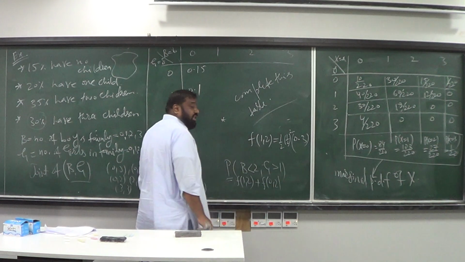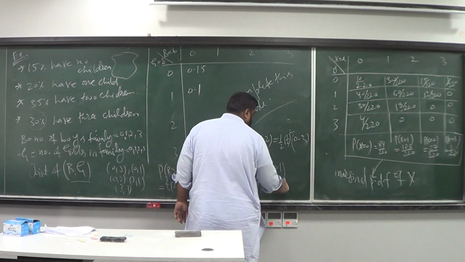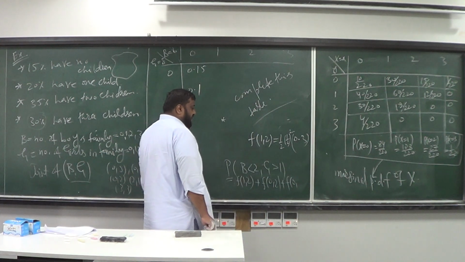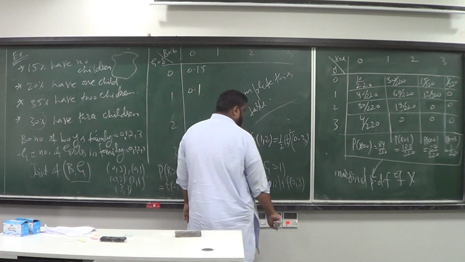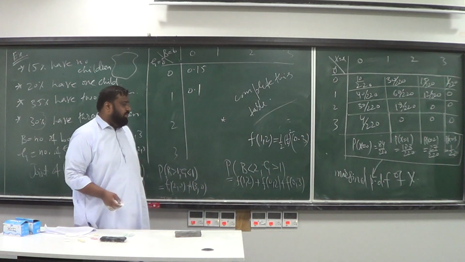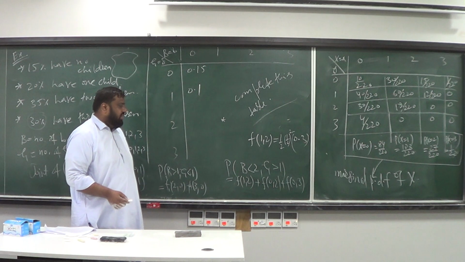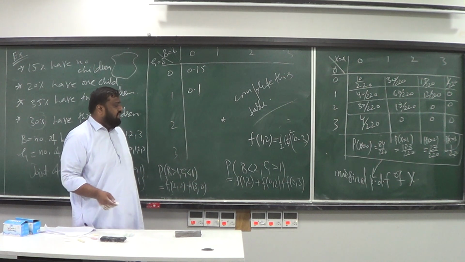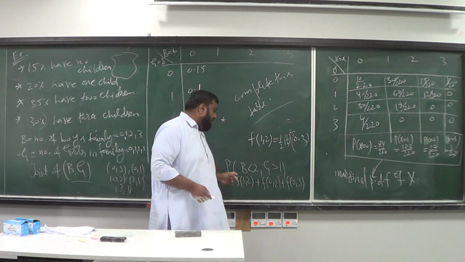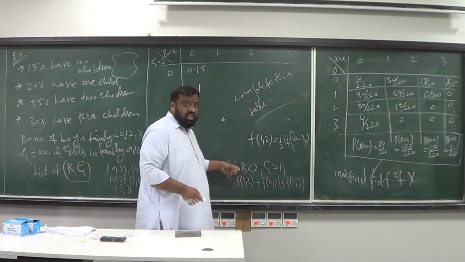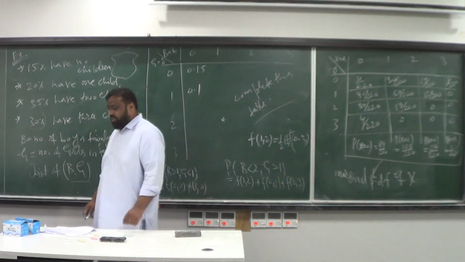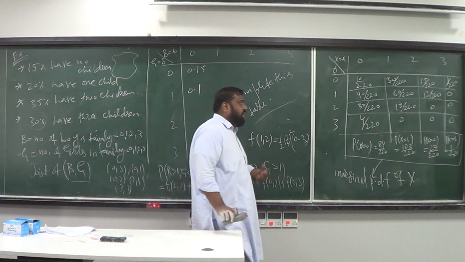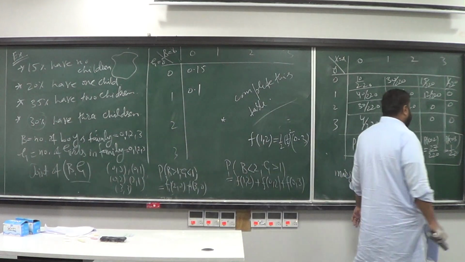This is also another possibility. The boys can be 0 and the girls can be 3. So these are the three possibilities, three probabilities. You need 3 numbers to add them up to come up with this simple probability actually. So you need to solve such kind of questions when you are dealing with the situation.